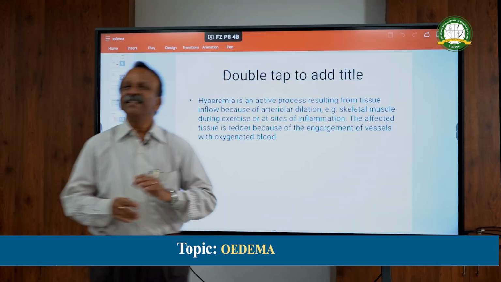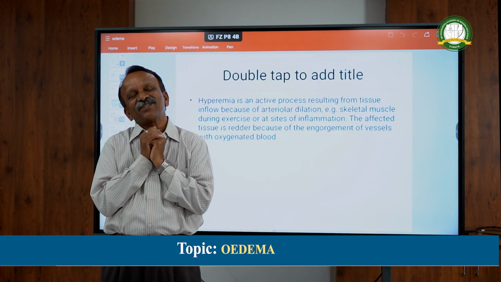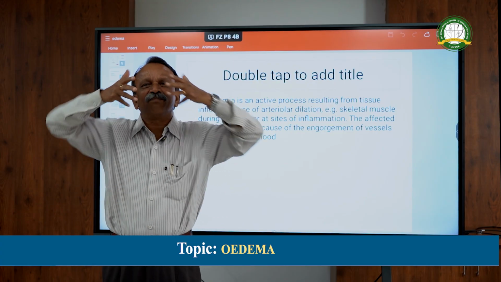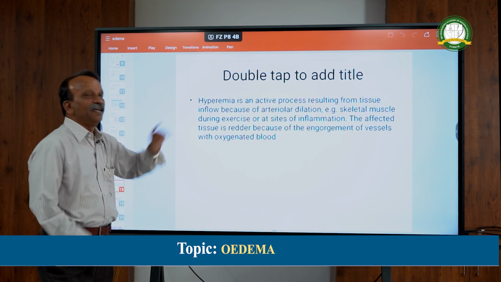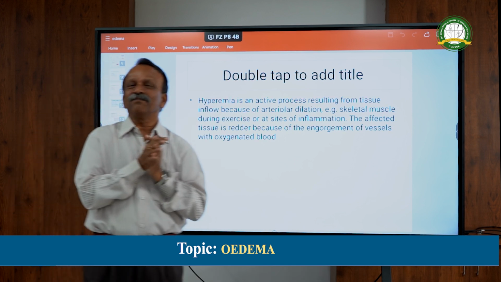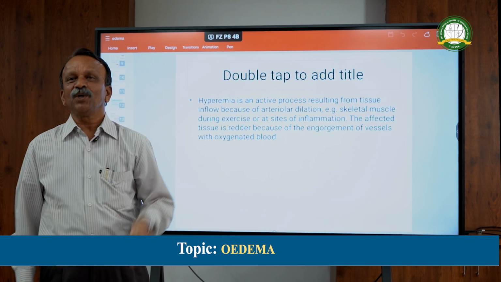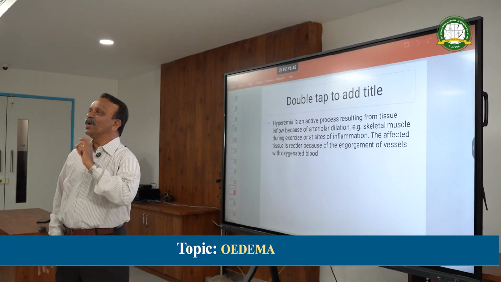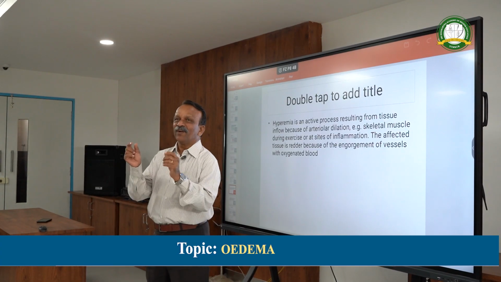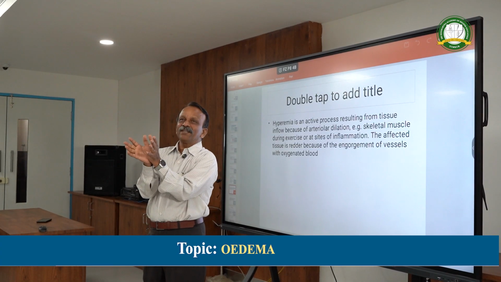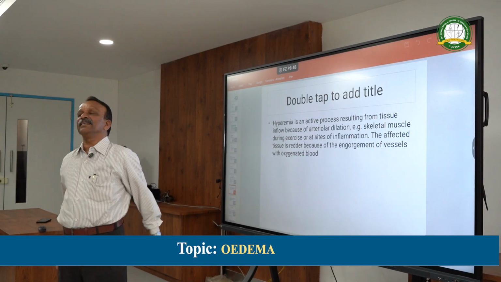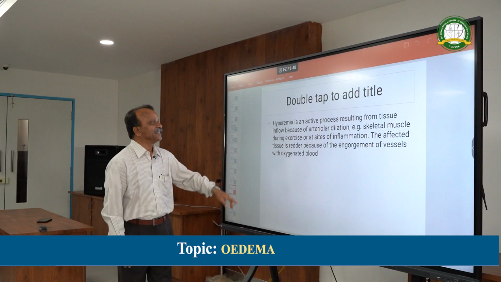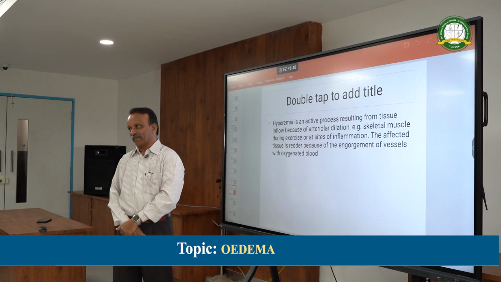One more example, females, once they feel shy, there will be blushing of the blood into the face. So that is also an example of hyperemia. What is the cause for this hyperemia? It is the neurohumoral mechanisms. So there will be dilatation of the blood vessels, arteries and arterioles, and flushing of the blood in the dilated arteries and arterioles, that is called hyperemia, right?